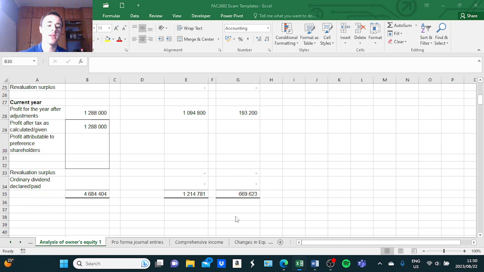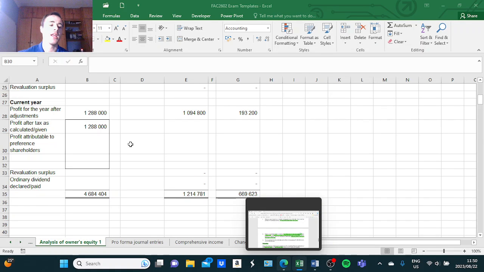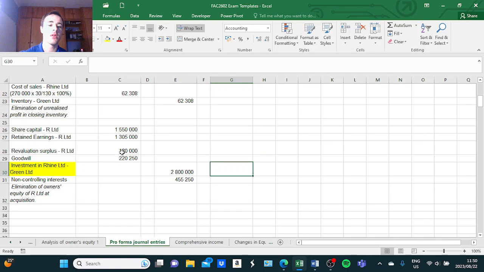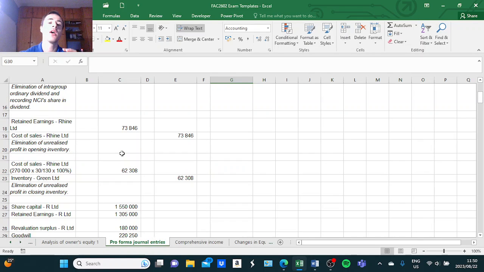Alright, then we need to go back to our elimination of unrealized profits in opening and closing inventory respectively. Okay, because the subsidiary's account or accounts are affected, we also need to show the relevant adjustments in the analysis of owner's equity calculation.